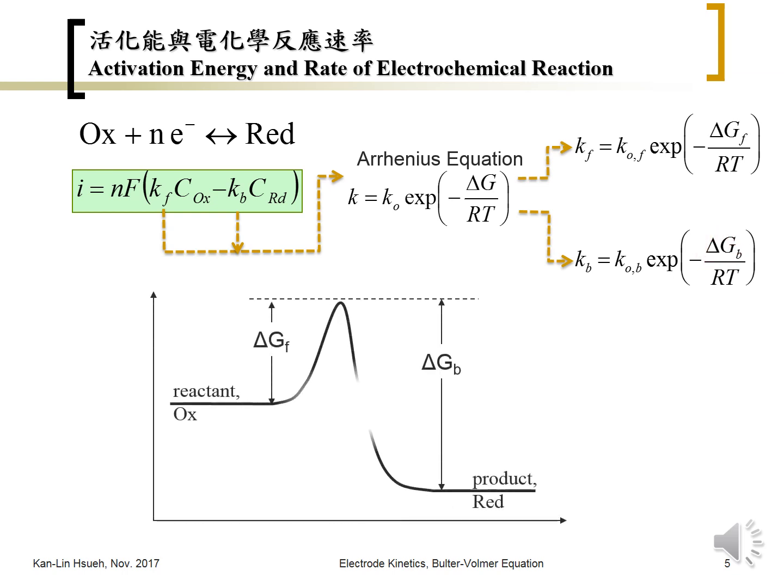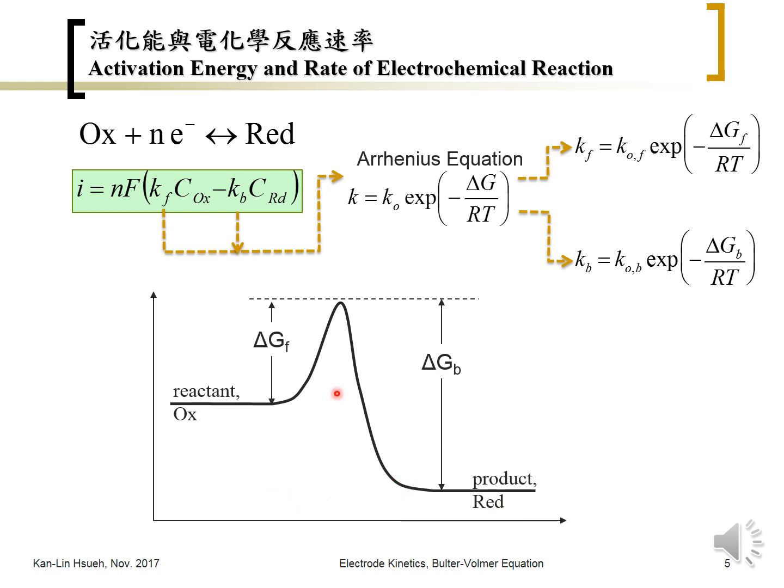So for this concept, the activation energy, you might think the oxidizing species in the forward reaction has to overcome this delta GF, the forward activation energy, in order to climb through the energy barrier and go to the reducing species.